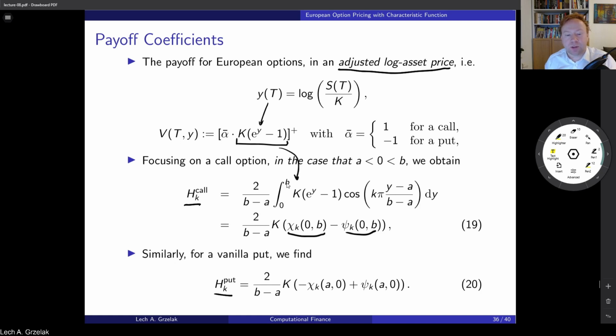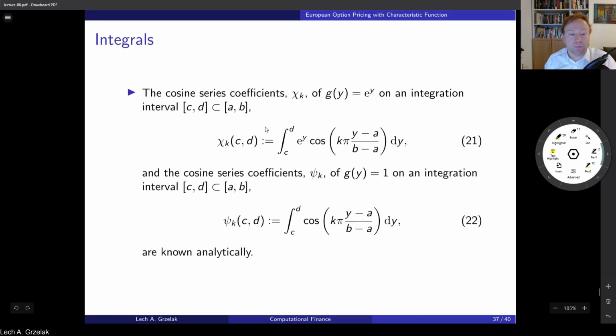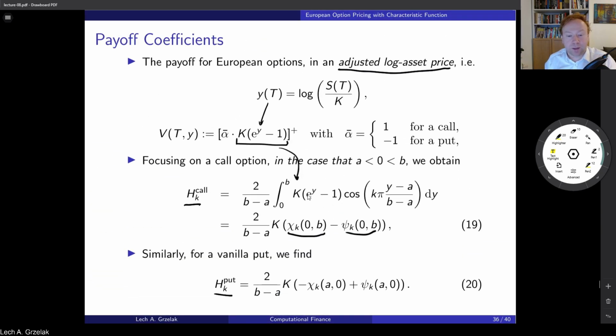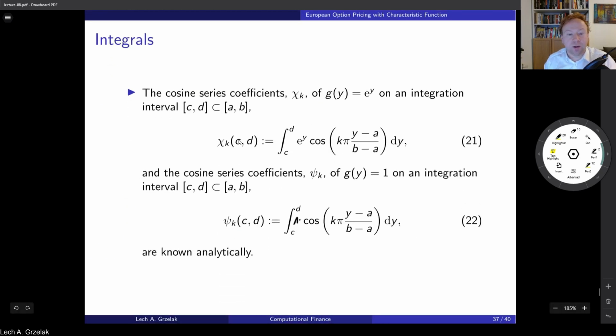Of course, the key question is how to calculate those integrals: the integral from 0 to b of e^y times cosine, and the integral from 0 to b of 1 times cosine. So we have this representation, and a second representation here. This one corresponds to e to the power y times cosine, and for psi we have 1 times cosine. This representation comes from here. So this integral will be decomposed in two, and those are generic for different coefficients c and d.